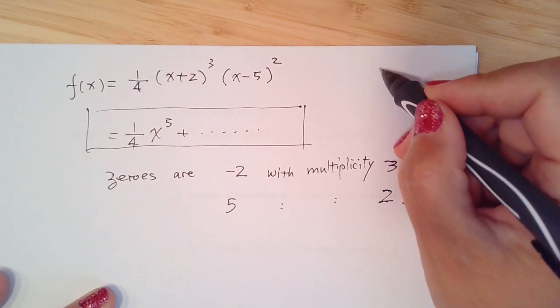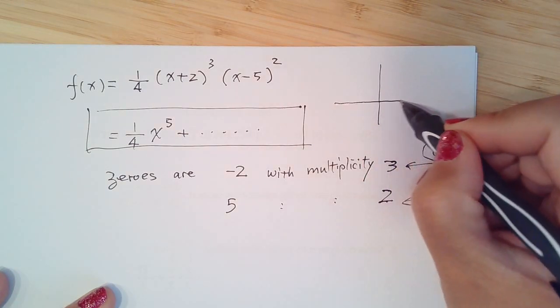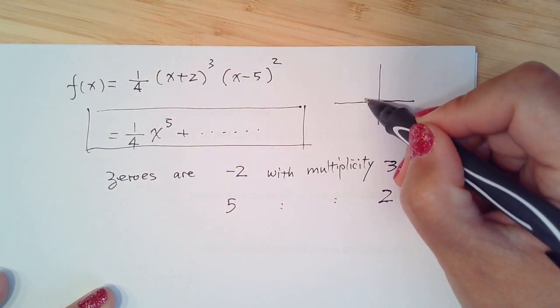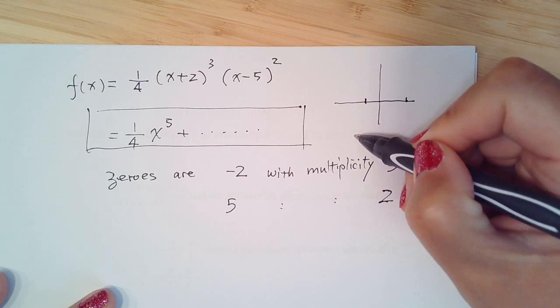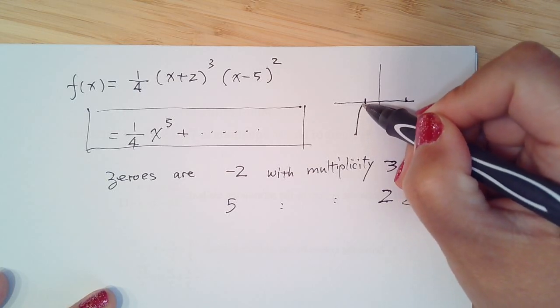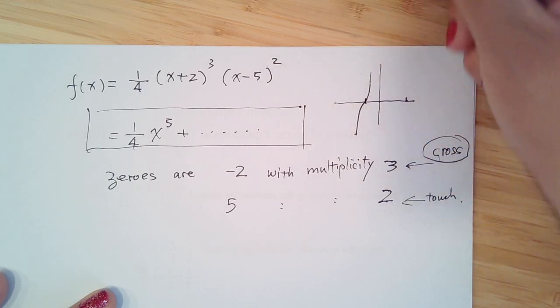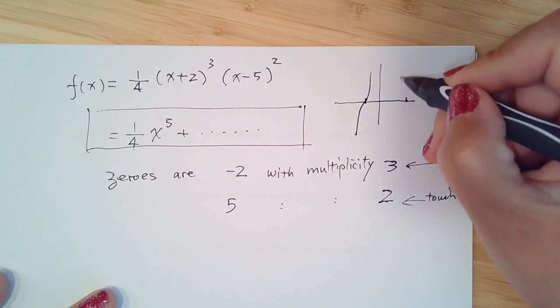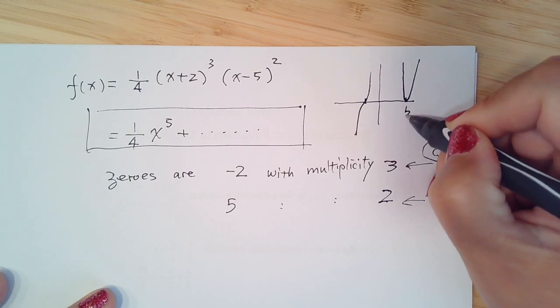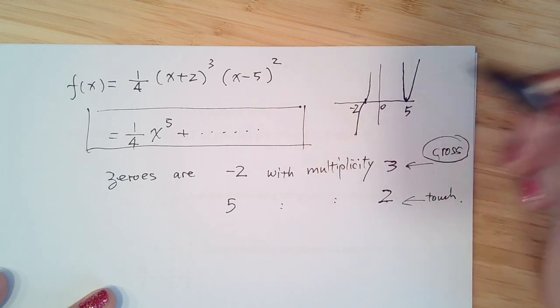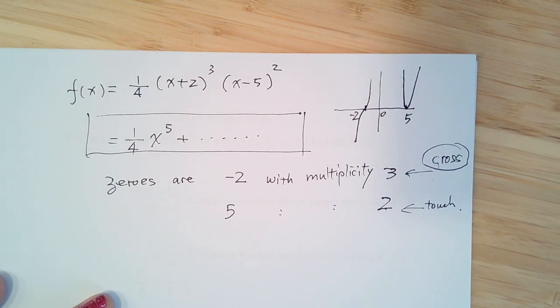The graph looks like this. Here's -2 and here's 5. It goes up to somewhere really high, then comes down, touches at 5, and crosses at -2. Of course, I don't need to do that. I just want to use this to show you.